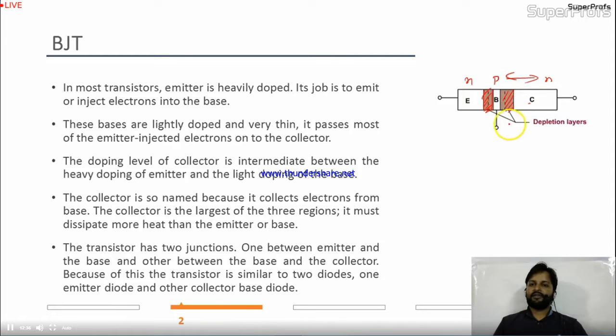So this is junction 1 and junction 2: the emitter-base and the collector-base. So the transistor has two junctions, one between emitter and base and the other between base and collector. Because of this, the transistor is similar to two diodes, one emitter-base diode and the other collector-base diode. I hope this is clear to you.